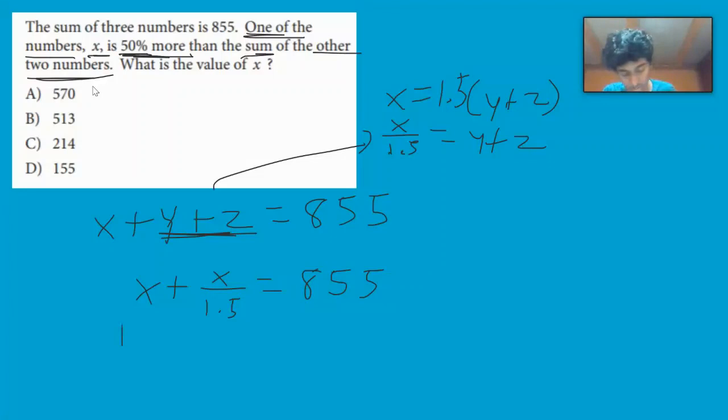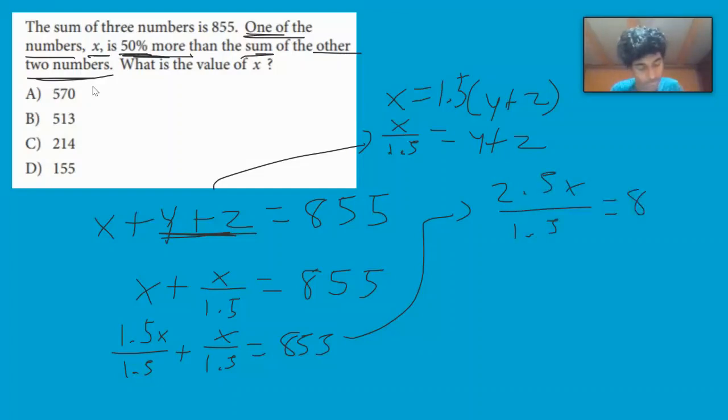We can rewrite this as 1.5x over 1.5 plus x over 1.5 is equal to 855, and then 1.5x plus x is 2.5x over 1.5, which is equal to 855. And 2.5 over 1.5 is just 5/3, so 5/3 x is equal to 855.